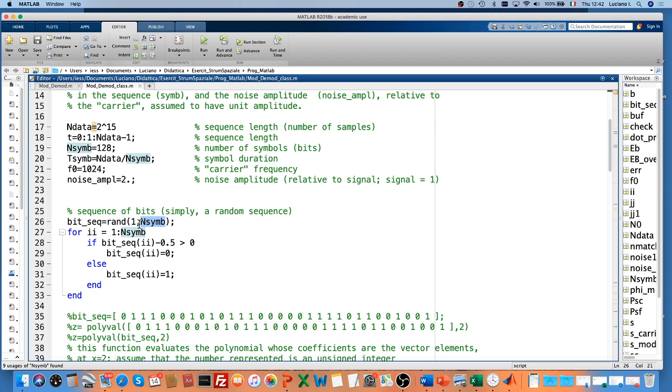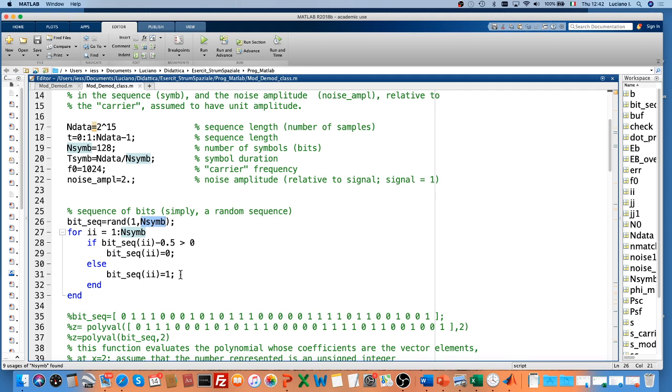Remember that this is a vector with 1 column, and the number of rows is the number of bits, and I subtract 0.5. If the bit sequence minus 0.5 is larger than 0, I have bit 0. Otherwise, I have bit 1.